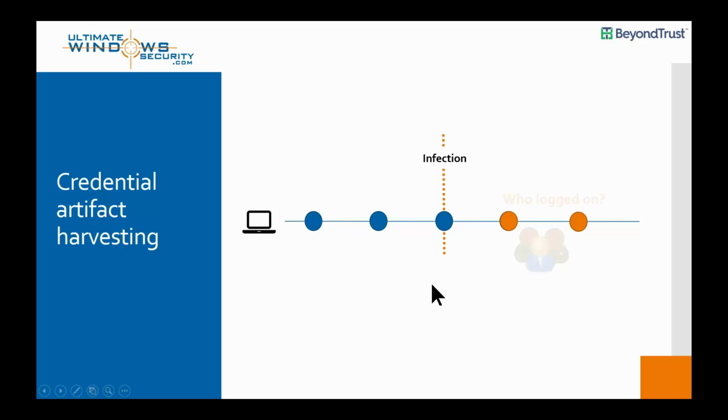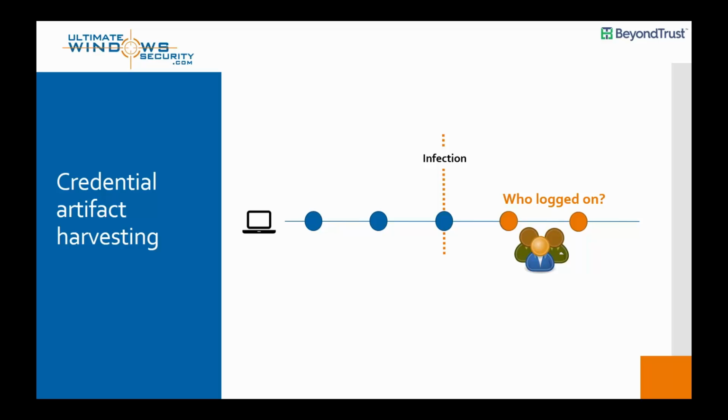But regardless, the point is someone has control of this endpoint. Now, what is really interesting is it's not just a risk in terms of who logs on subsequent to that infection, and we can all appreciate that. What if the bad guy installs a keyboard logger on that system?